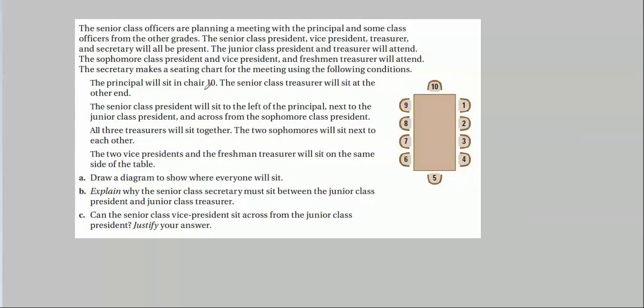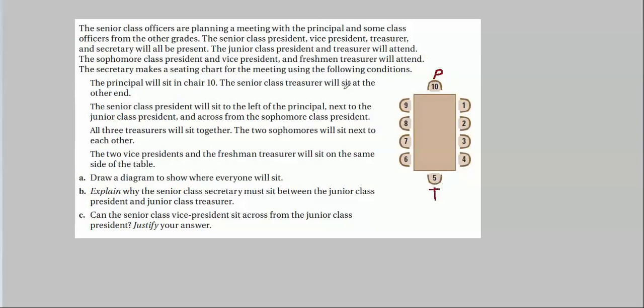Okay, so there's a meeting, all these people will be there, and here's all the words that tell us where everyone's going to sit. We'll put a P up here for principal, chair 10. Why not? The senior class treasurer will sit at the other end, so let's put a T here for treasurer. I'm just making this up as I go along and hoping that I don't run out of letters.